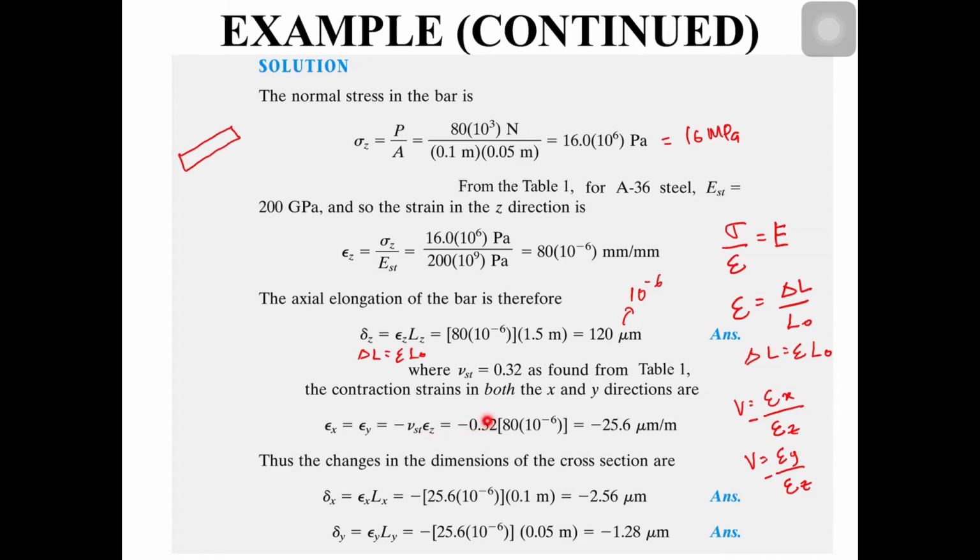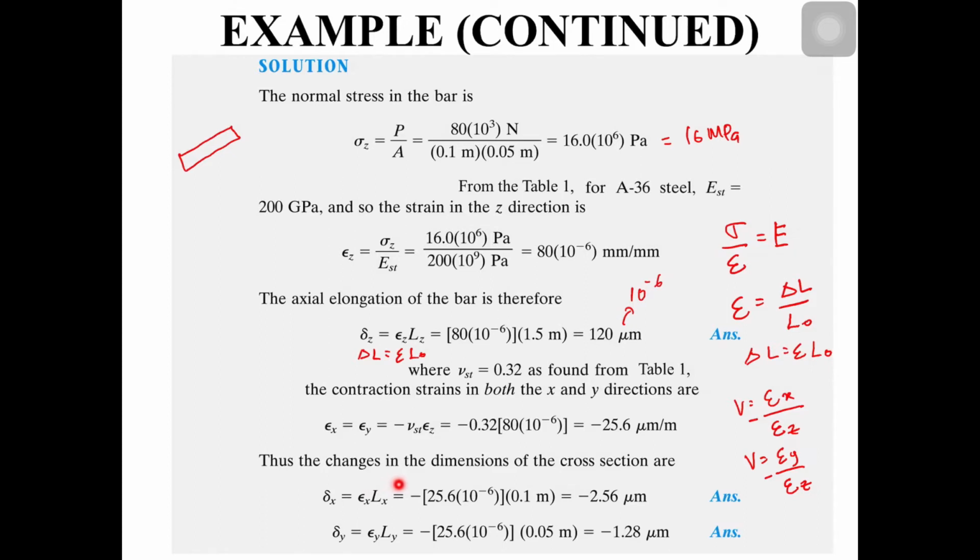We have 0.32 times epsilon z, and epsilon z is from here, so you have minus 25.6 micrometer over meter. This is your answer for epsilon.